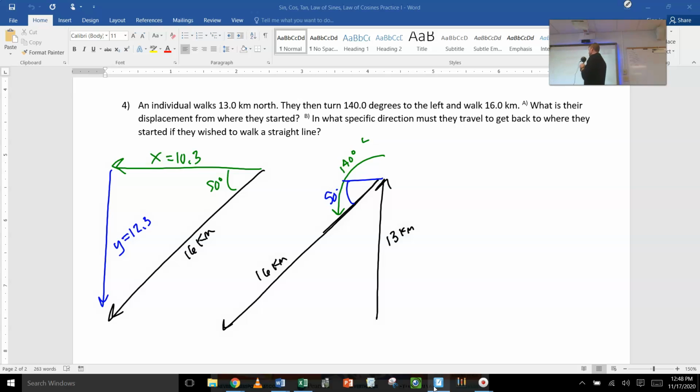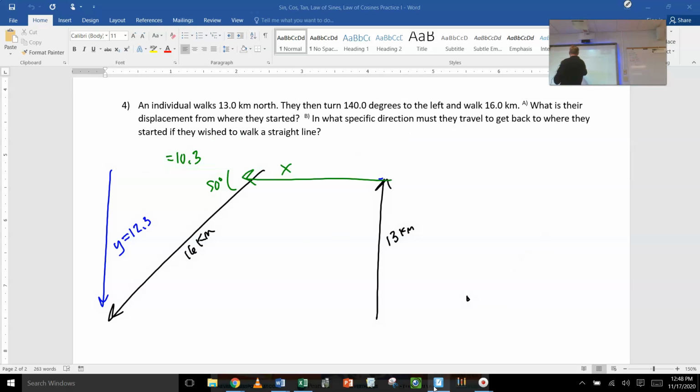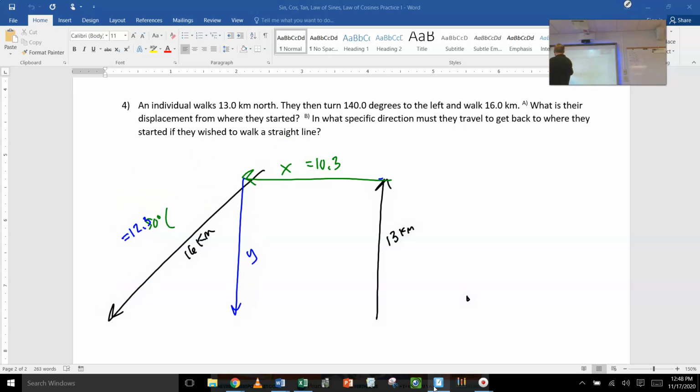We then replace, right? We're going to get rid of all this, and replace it with this vector right here and this vector right here. Oops, I lost my y value, which I think is 12.3.